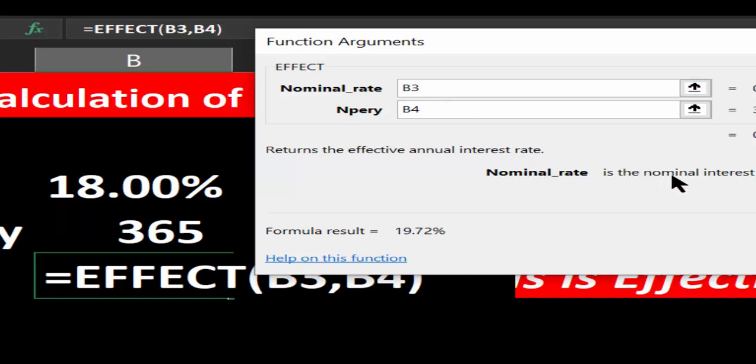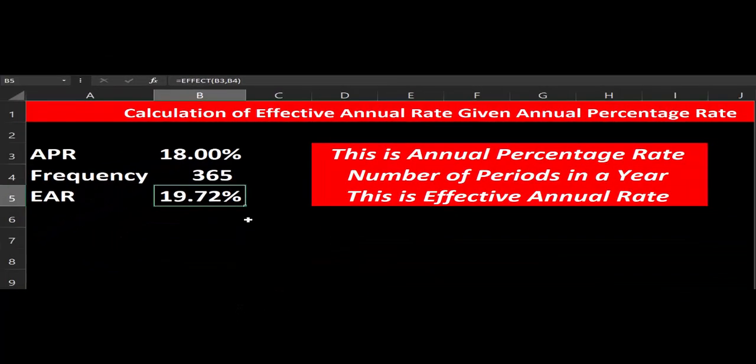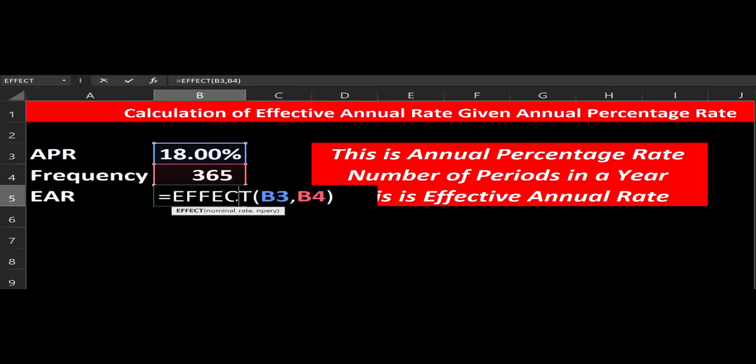What we call APR, Excel calls the nominal interest rate. Click OK, and you get 19.72%. If you click on it, you see the formula, effect, comma. The first argument is APR. The second argument is what you want to call number of periods per year.